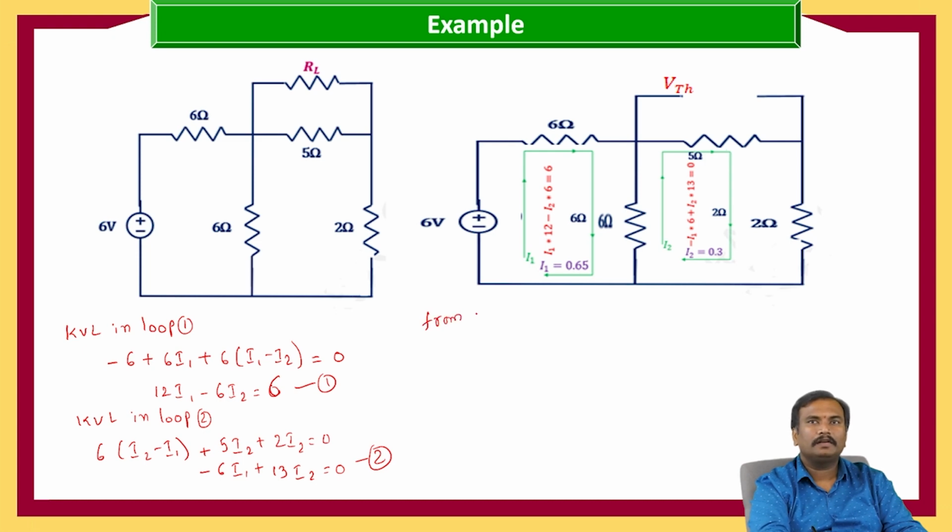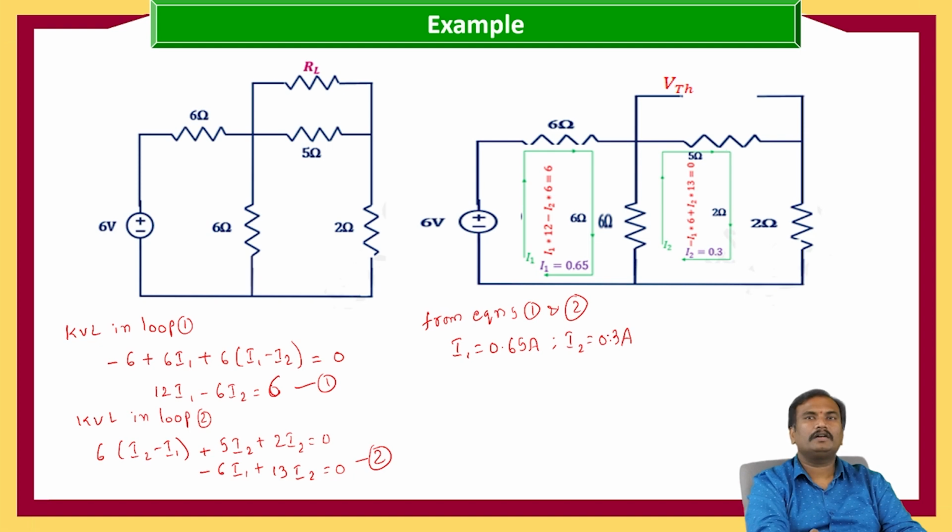From equations 1 and 2, we get the I1 value as 0.65 amperes and the I2 value as 0.3 amperes. Now we got I1 and I2. I2 is nothing but the current flowing through the 5 ohm resistance, and we got it as 0.3.